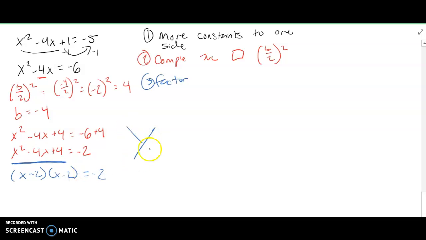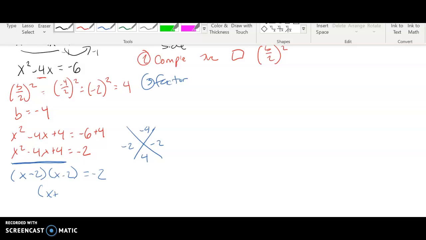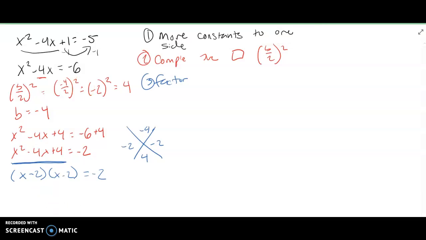Because if I do my x, we need something that multiplies to 4 but adds to negative 4, and negative 2 multiplies to 4 and adds to negative 4. Then we can simplify this to x minus 2 squared equals negative 2.